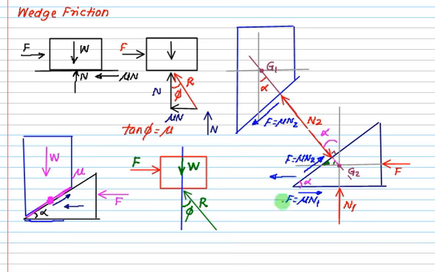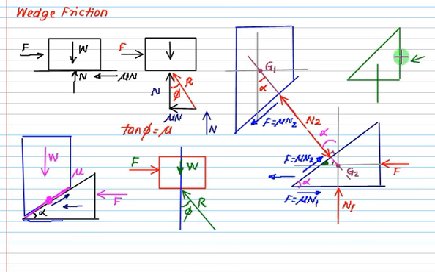Now see my figure. Is this N1? Is it the same as this normal? Is this normal here the same as this normal? Then is the external force applied like this? If the external force is applied like this, your R will be on the opposite side.